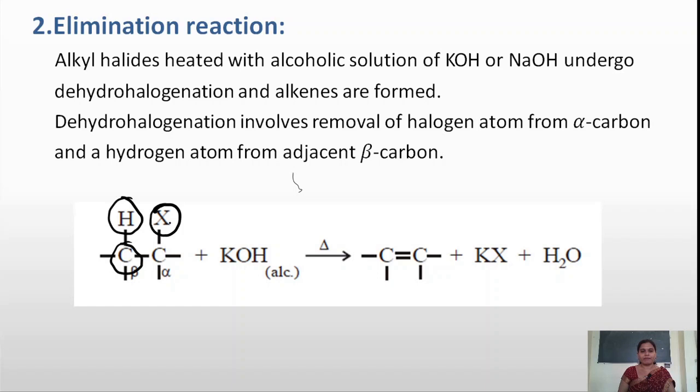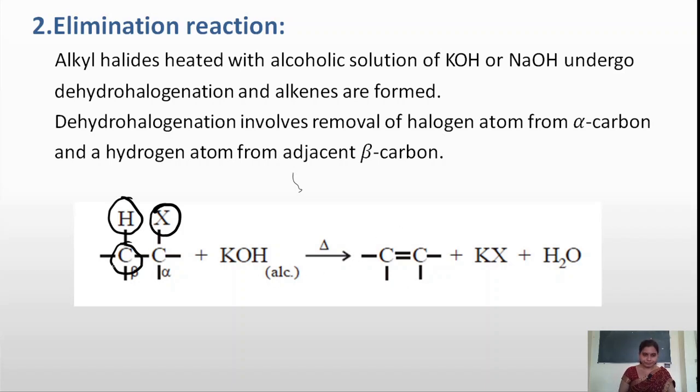When there is a reaction of alkyl halide with a strong base, that is alcoholic potassium hydroxide or alcoholic sodium hydroxide, then the removal of the halogen from the alpha carbon and removal of hydrogen from the beta carbon takes place, and the product is the alkene.